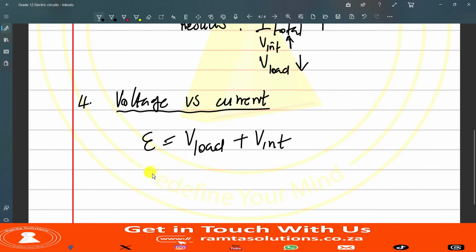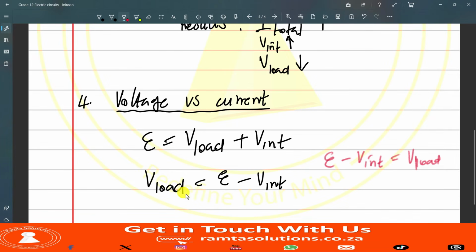What we can now do is this. We can say V load equals Emf minus V internal. If you are wondering how, it's because we just did this.